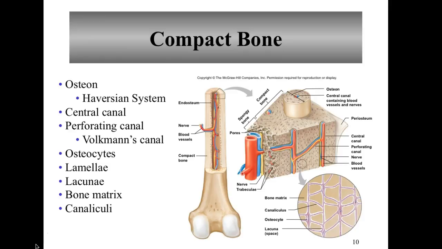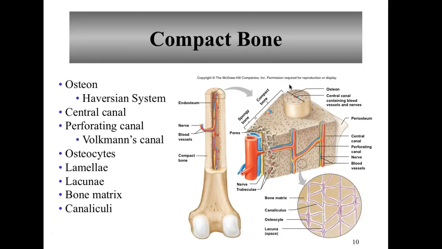So these layers are in concentric formation around this central canal called the Haversian canal, which you can all see right here in this one osteon. And that central canal is where you're going to find both the blood vessels and nervous tissue.